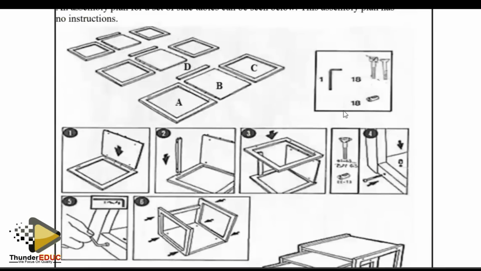So these are the parts. Up here we have part type A. They are 3. Part type B, they are also 3. Part type C, they are also 3. Part type D, they are also 3. Then when you come down here, we're looking at the screws. We have 18, and the bolts we have 18.